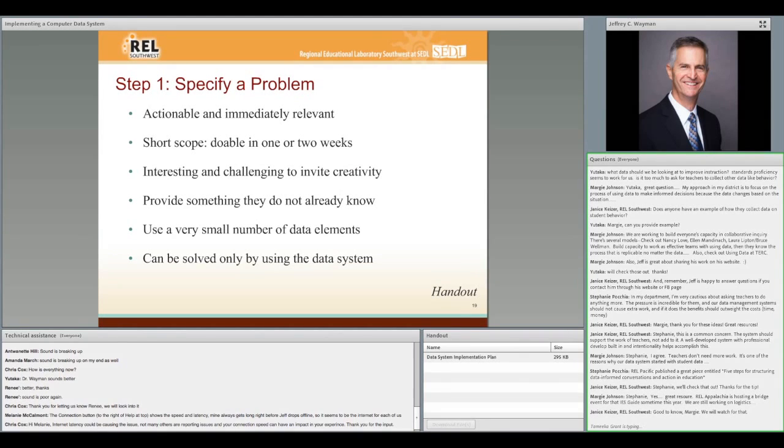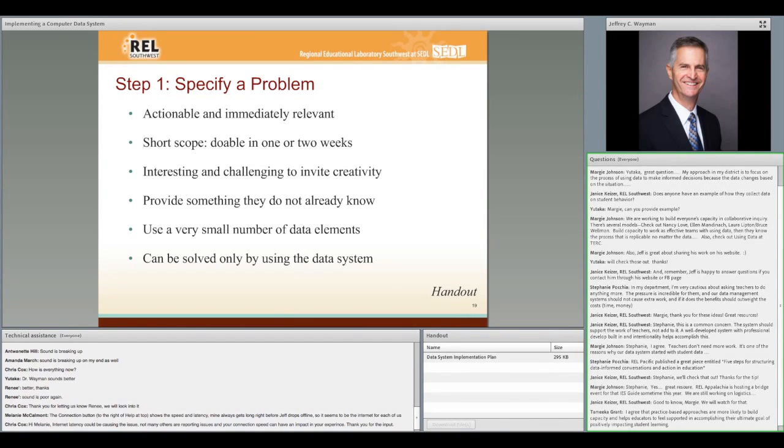First step is you specify a problem. Now this idea that I have for this rollout is actually inspired by something that I saw happen in Mesa. My friend Joe O'Reilly there had the Acuity data system that they were wanting to boost use and boost understanding of. And so what he did is he sent what we kind of informally call a homework problem out to the principals.